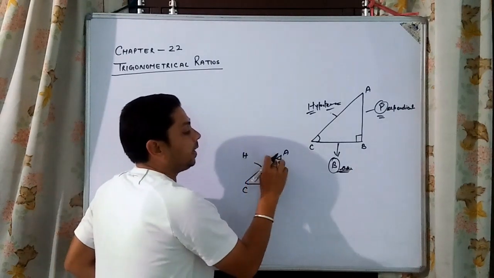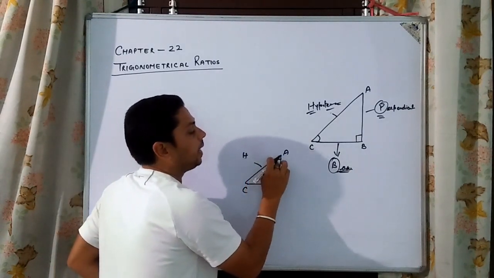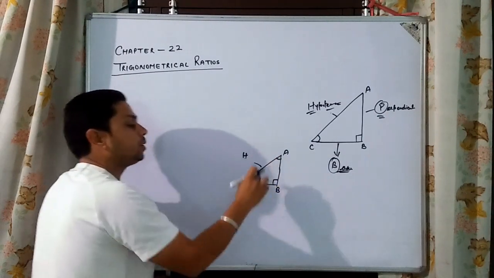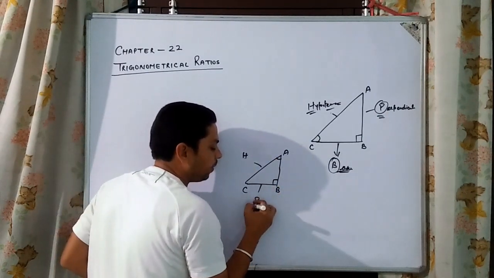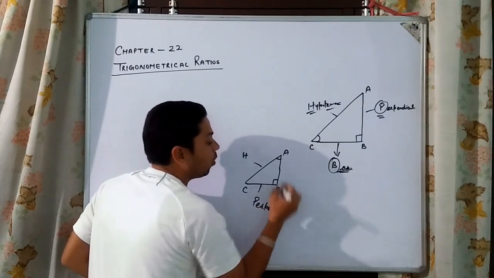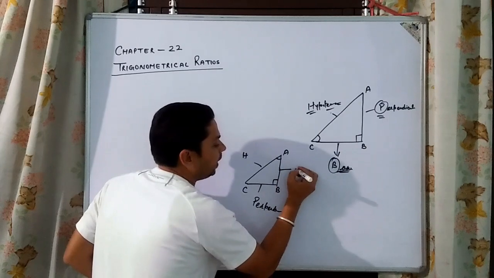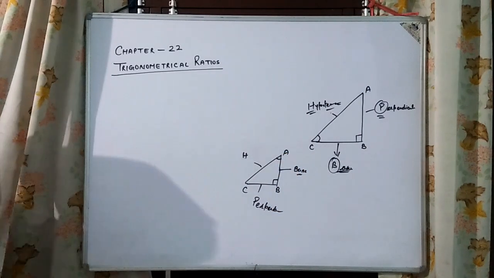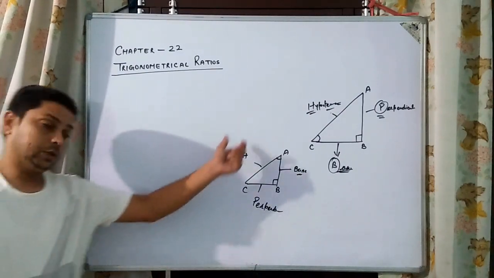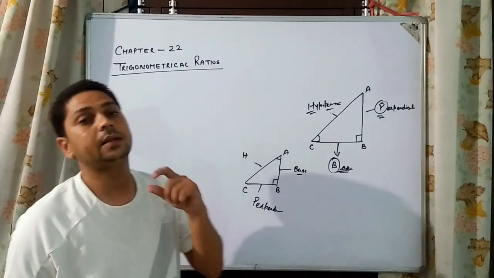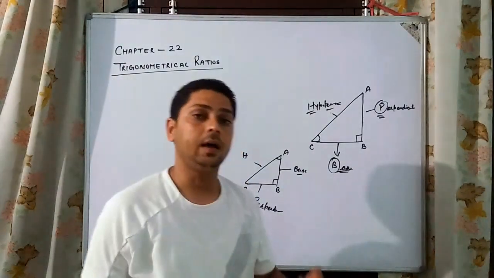Now look at here, we have taken the base angle as A. So the side opposite to your base angle will be your perpendicular. And here we have the side that is base. AB is your base. Understand? So this thing you have to understand, how we select the perpendicular and how we select the base here.